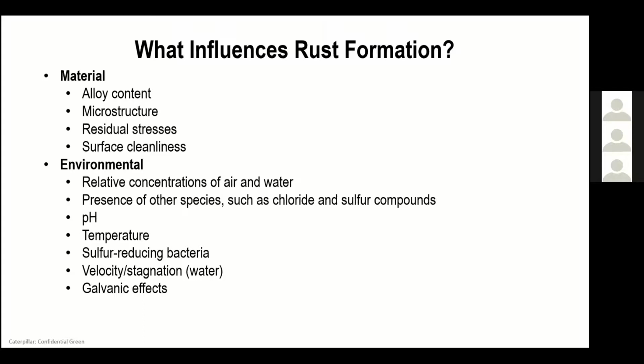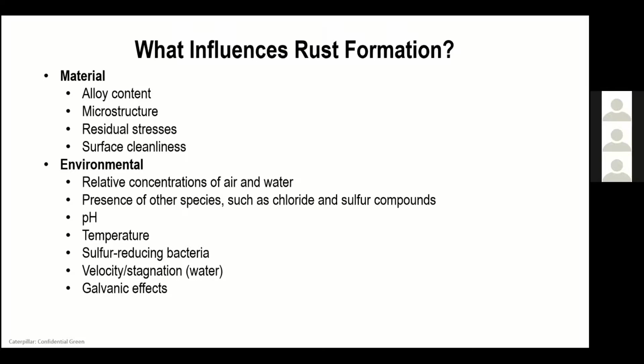pH, and so these are things that we just talked about: pH, temperature, sulfur-reducing bacteria. What I didn't talk about is stagnant water. A lot of times high velocity water can give you a problem, and so can stagnant water. So water kind of moving is really helpful. When you have a pond, if you turn everything off, you're creating that stagnant type of water, and you're making it a little more corrosive.